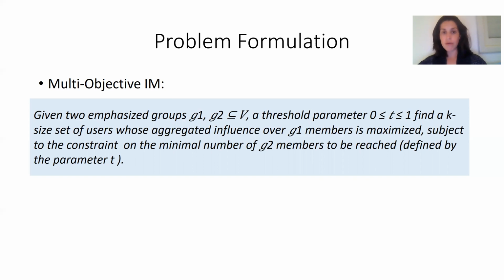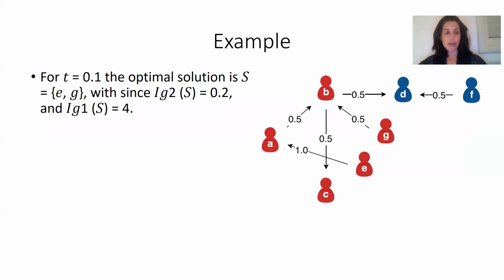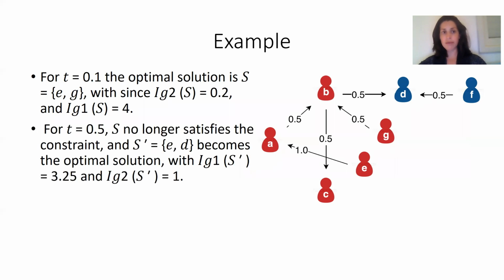So given two groups, G1 and G2, and a threshold parameter T, the goal is to find a k-size set of users whose aggregated influence over the G1 members is maximized, subject to a constraint imposed on the minimal number of G2 members to be influenced, which is defined by the parameter T. Continuing with our example, for T equals 0.1, the optimal solution is S, where the expected influence over the blue nodes is 0.2, and the expected influence over the red nodes is 4.